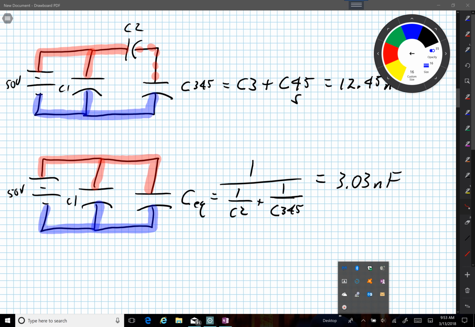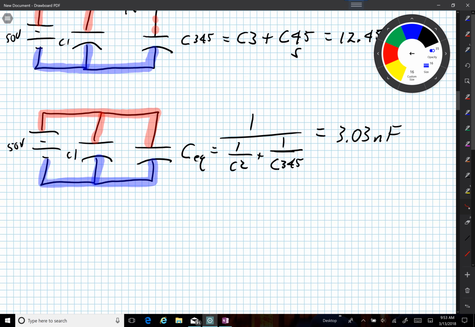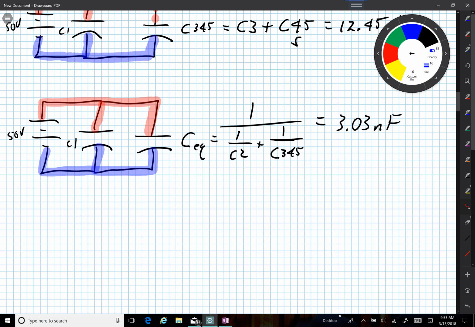Okay, so let's carry on here with some calculations. We've done all our equivalent diagrams, so now we have some information. We can calculate another capacitor, this equivalent capacitor.